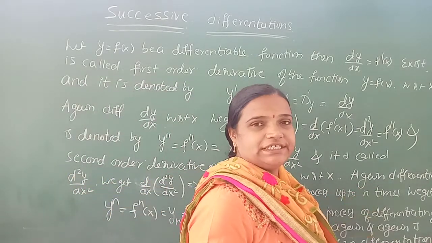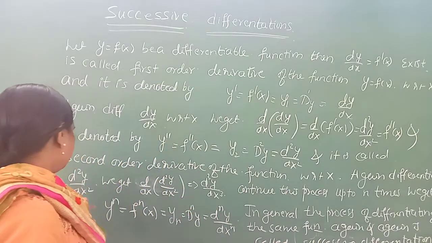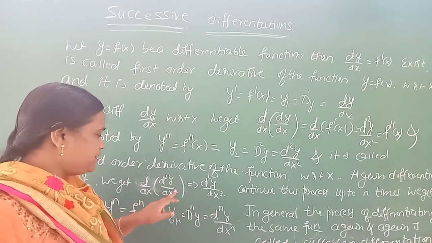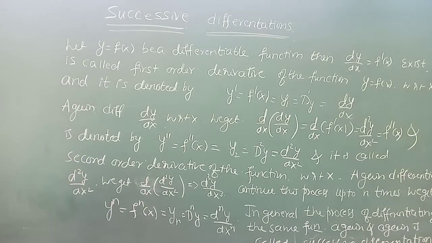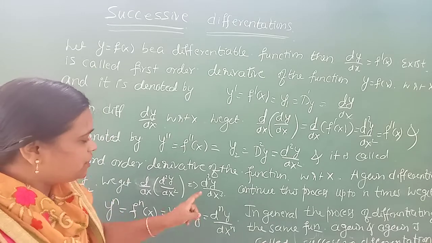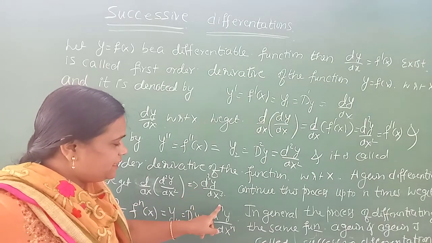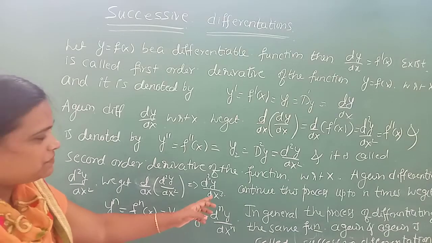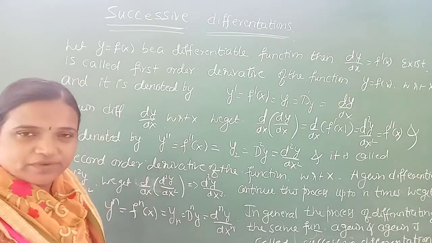Again differentiate d2y by dx square, we get d by dx of d2y by dx square. How many times are we doing the differentiation? 3 times. Therefore d cube y by dx cube, and we can represent this as f triple dash of x.